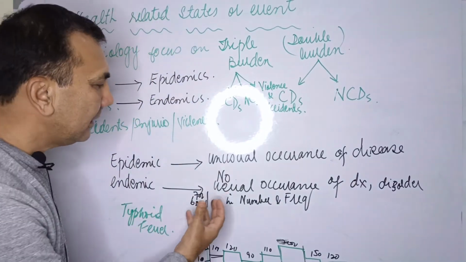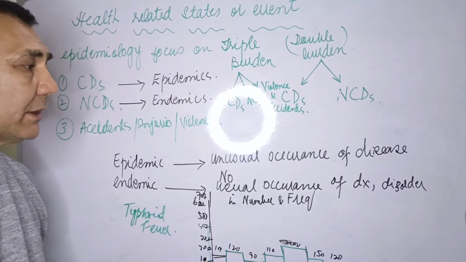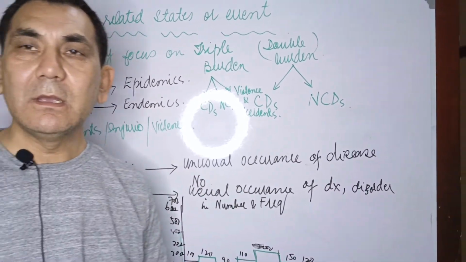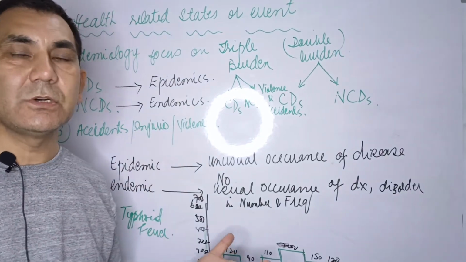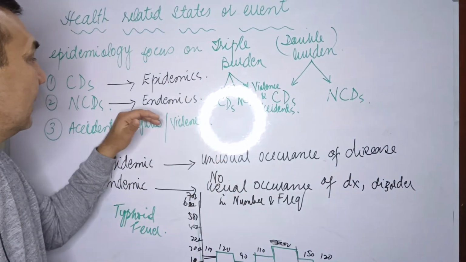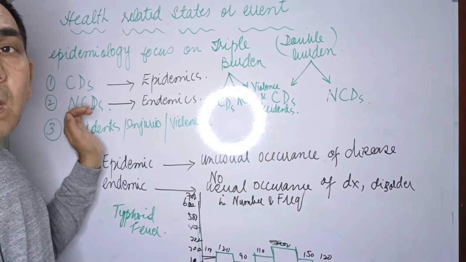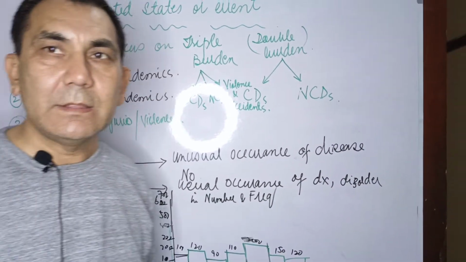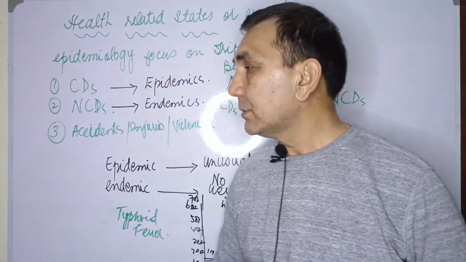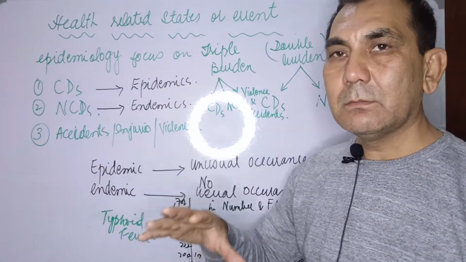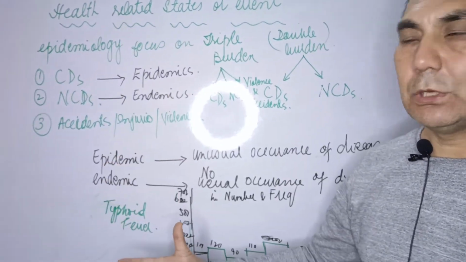So this is called the usual occurrence of the disease, and it is called endemic. The endemic term is mostly used for non-communicable diseases, like diabetes mellitus, and obesity, BMI. So the numbers remain steady; this mostly happens in non-communicable diseases.